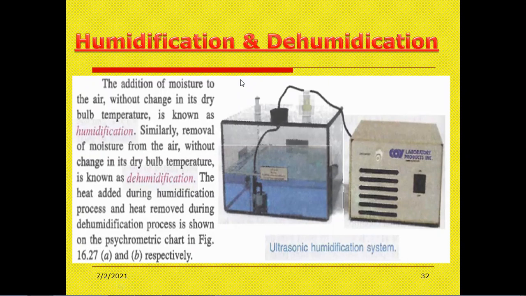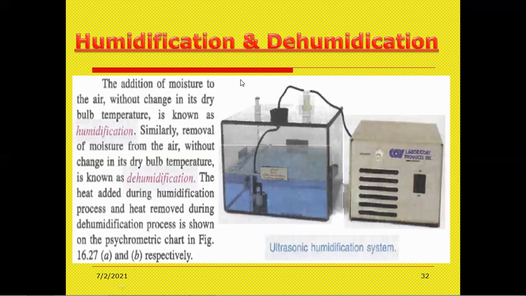So what it is saying, humidification means the addition of moisture to the air. So generally we are adding moisture content to the air without change in its dry bulb temperature.